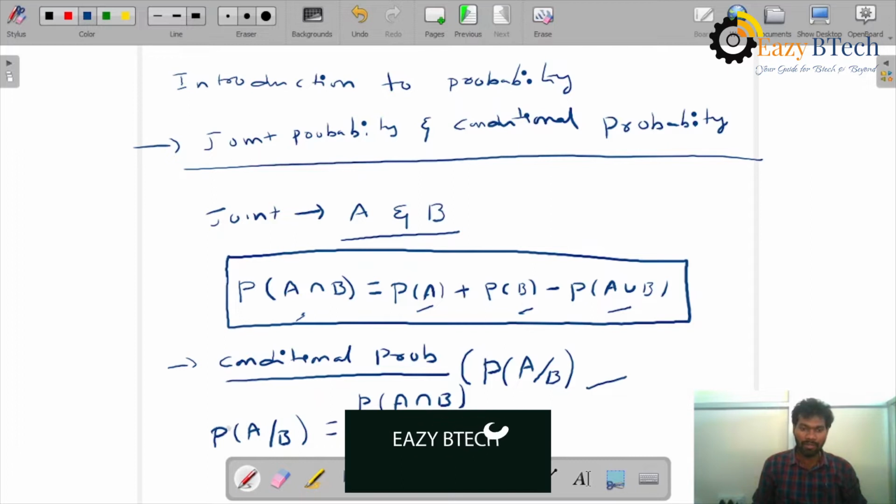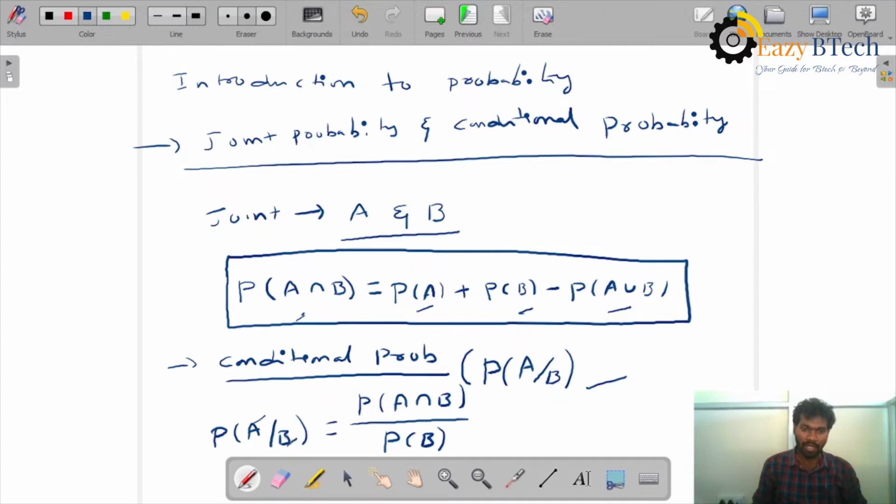To remember this formula, see here it is A, it is B. In the denominator you have B, so on the right side in the denominator you also have B. Here you have two events A and B, and in the numerator you get their joint probability, P of A intersection B. So P of A given B equals P of A intersection B divided by P of B.